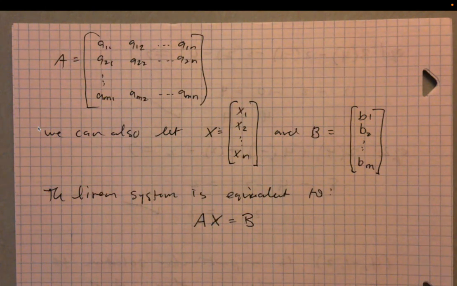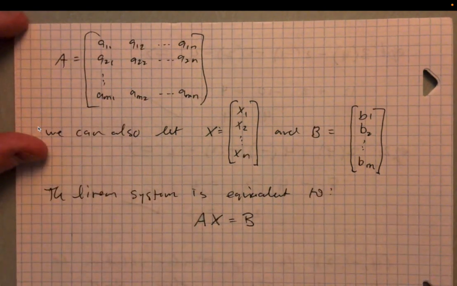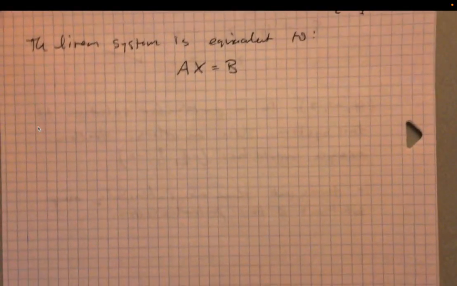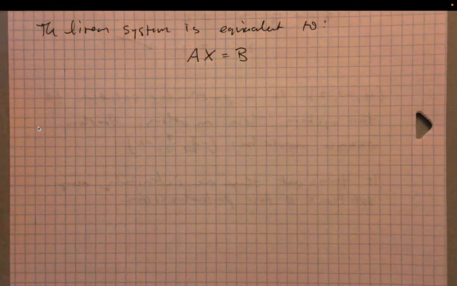To kind of see this, let's make our system a little bit smaller just for convenience's sake, and when we go through the smaller example, you'll see how this applies to any example.